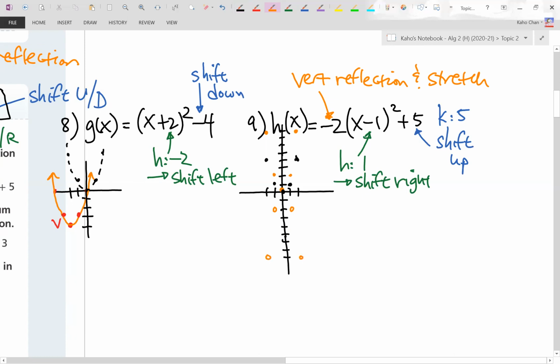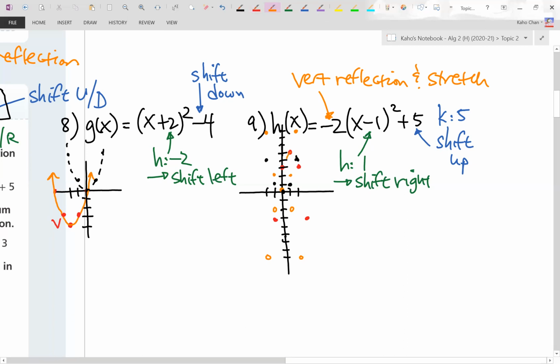All right, those 5 orange dots will now be moved 1 right, 5 up. 1 right, 5 up. Right there. 1 right, 5 up right there. And right there. Woo! It's kind of hard to see, but I think I got it.